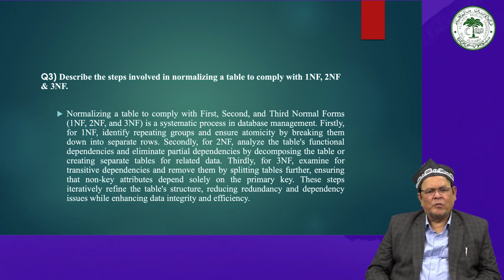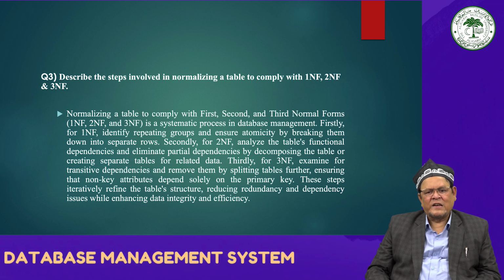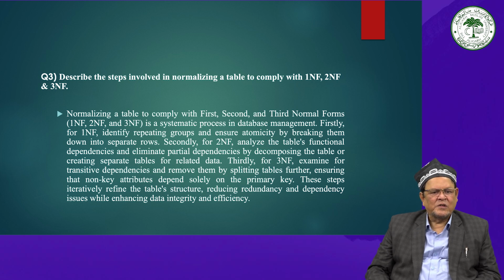Secondly, for second normal form, analyze the table's functional dependencies and eliminate partial dependencies by decomposing the table or creating separate tables for related data. Thirdly, for 3NF, examine for transitive dependencies and remove them by splitting tables, further ensuring that non-key attributes depend solely on the primary key. These steps iteratively refine the table's structure, reducing redundancy and dependency issues while enhancing data integrity and efficiency.